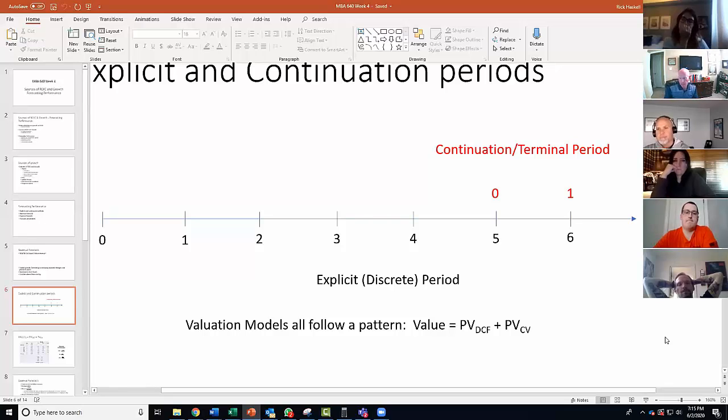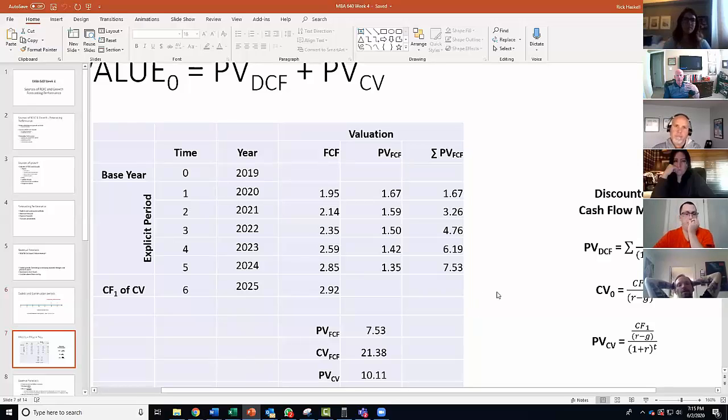Good. It's very confusing. Okay, so let me now take you to the next structure here, and I want you to think about this explicit and continuation structure. These are numbers that are not coincidental to you. You know these numbers now. You've been playing with them for the last few days.